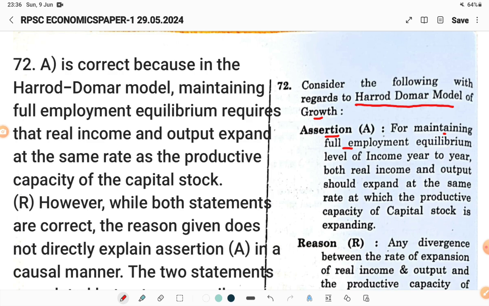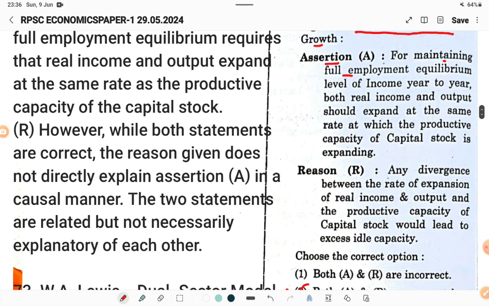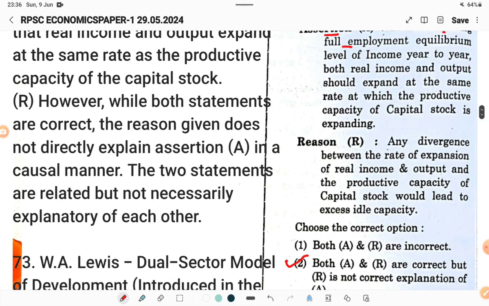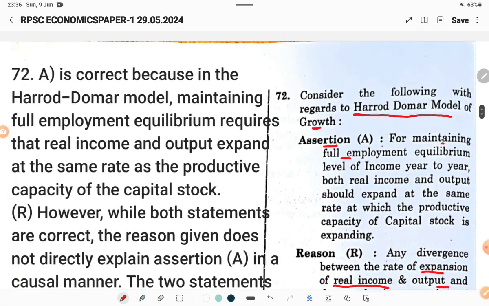And reason R: any divergence between the rate of expansion of real income and output and productive capacity of capital stock would lead to excess idle capacity. So here is the explanation.